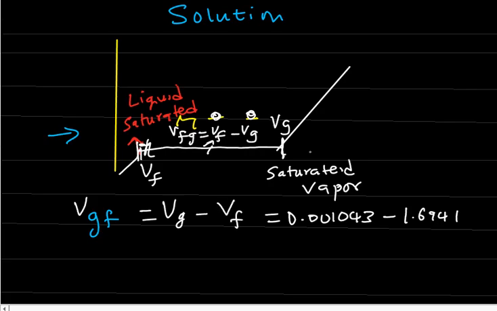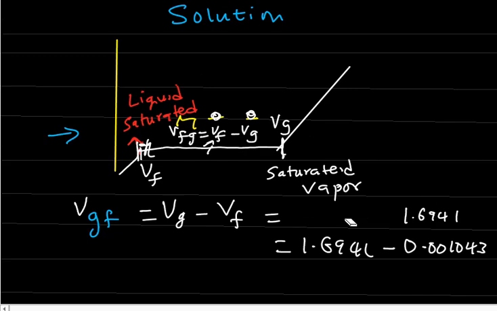So the other way around, what I'm supposed to have is 1.6941 minus 0.001043. So it's supposed to be like this. Let me write it right here: 1.6941 minus 0.001043.